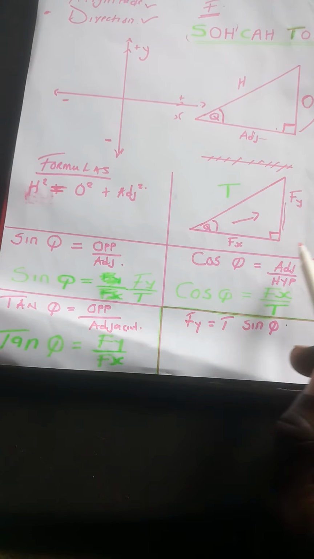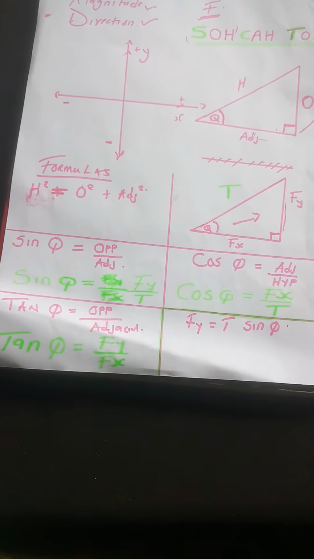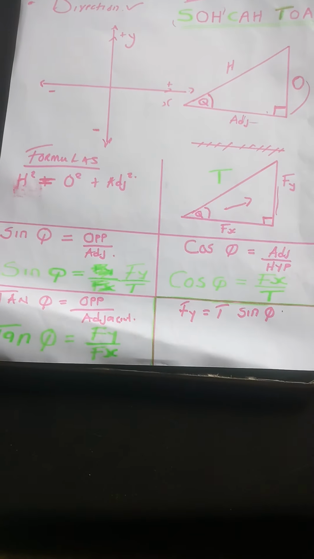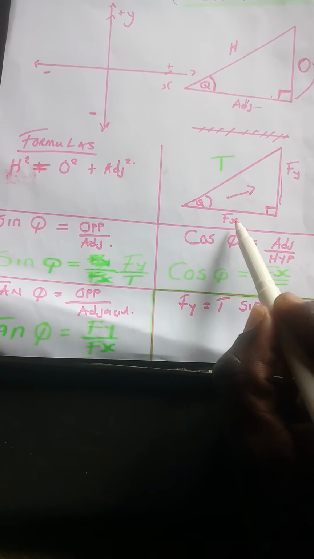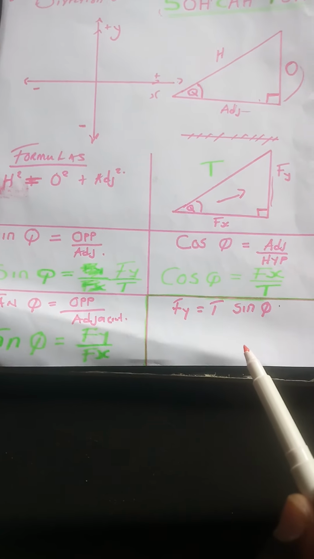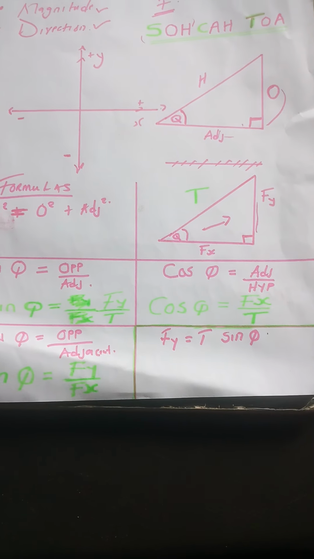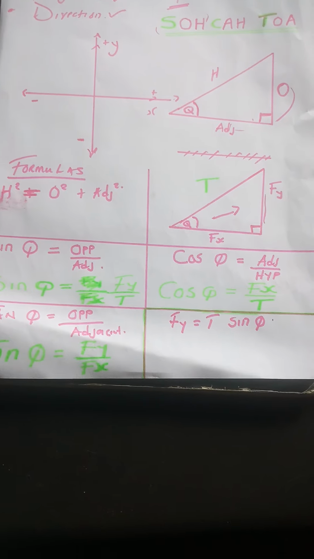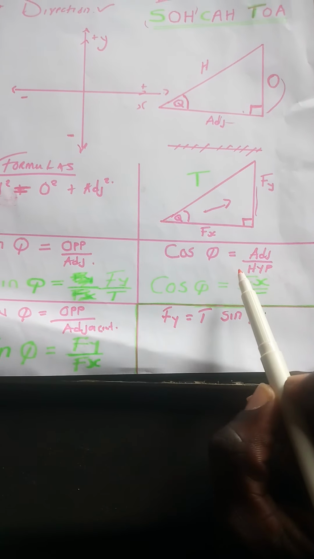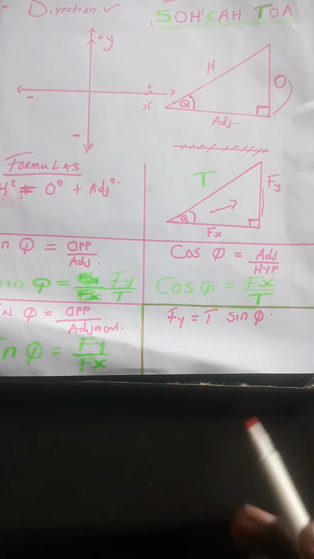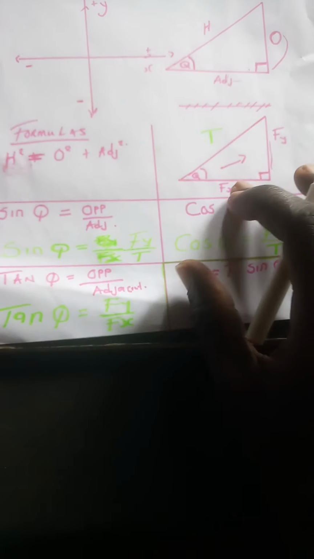Looking at this right angle triangle, that adjacent will be the force in the x, the force of the x component. So cos theta is equal to Fx over T.